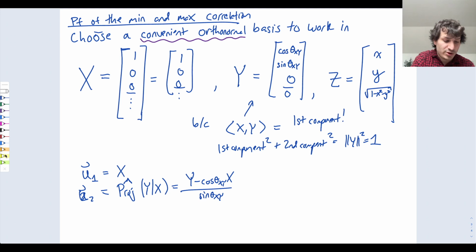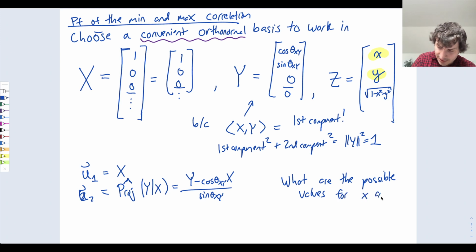And here's the thing. We're trying to answer the question, what are the possible values of x and y? What possible values of x and y work? The possible values of x and y that work will give us the correct inner product between y and z.